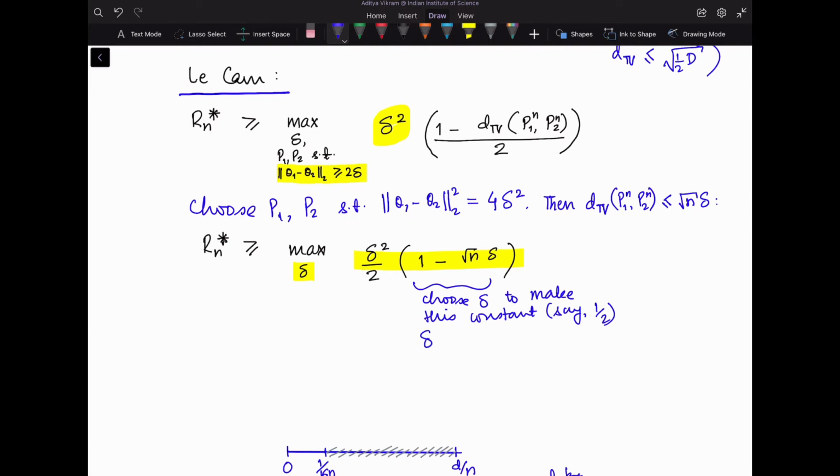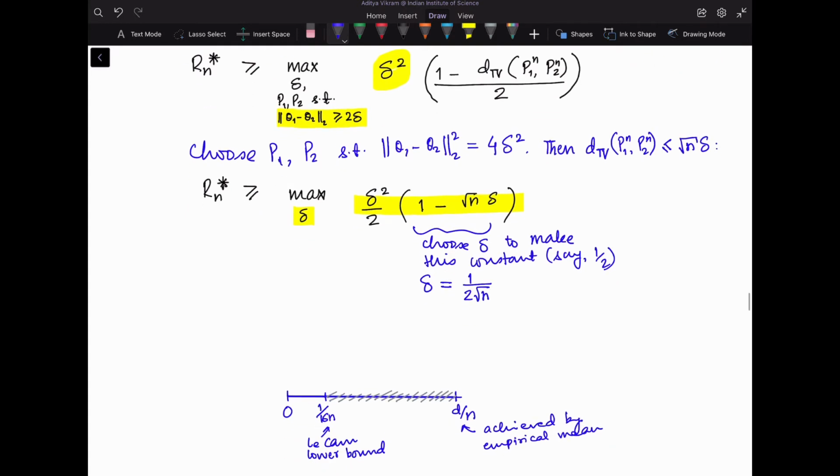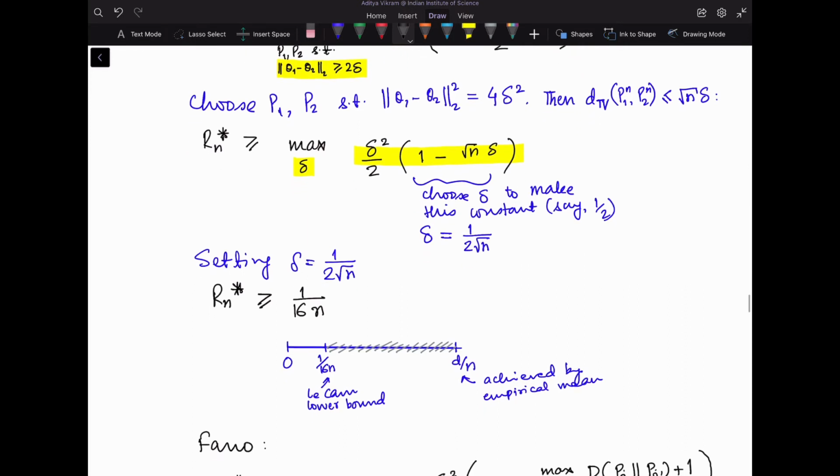So if we choose, say, delta equals 1 by 2 root n, in this case, the expression inside this parenthesis becomes half, and what we get is the lower bound on Rn star.